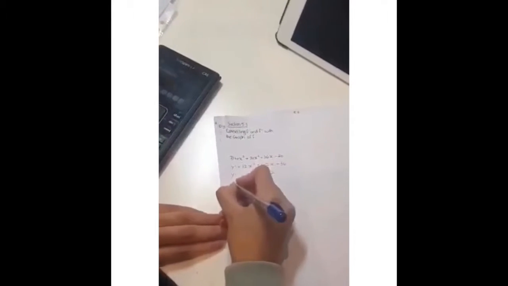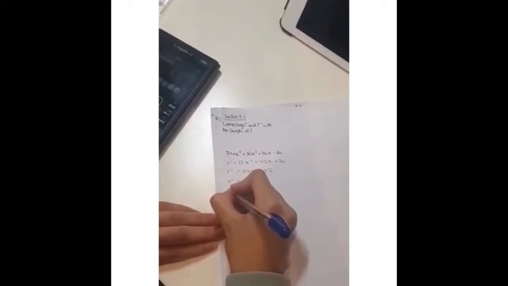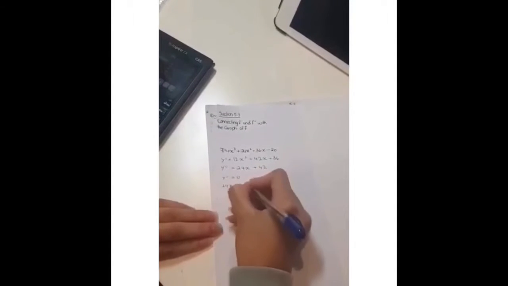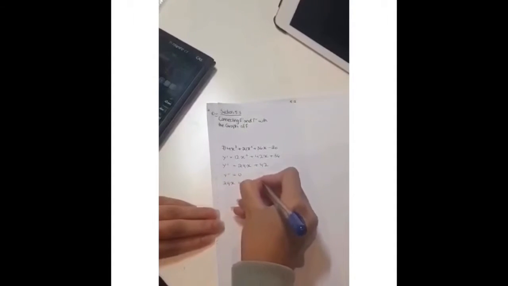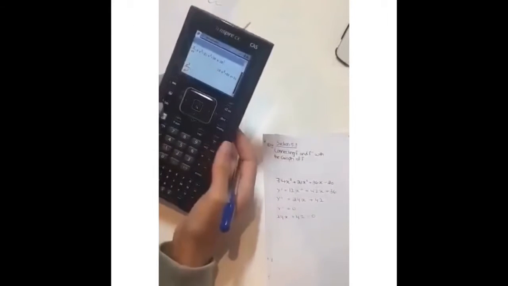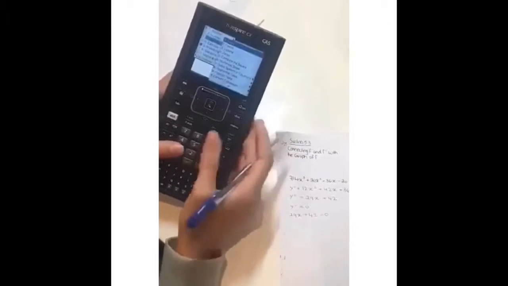Moving on. After that, we have to write y double prime equals 0. Therefore, it's going to be 24x plus 42 equals 0. In order to find it in the Texas, all you have to do is menu 3.